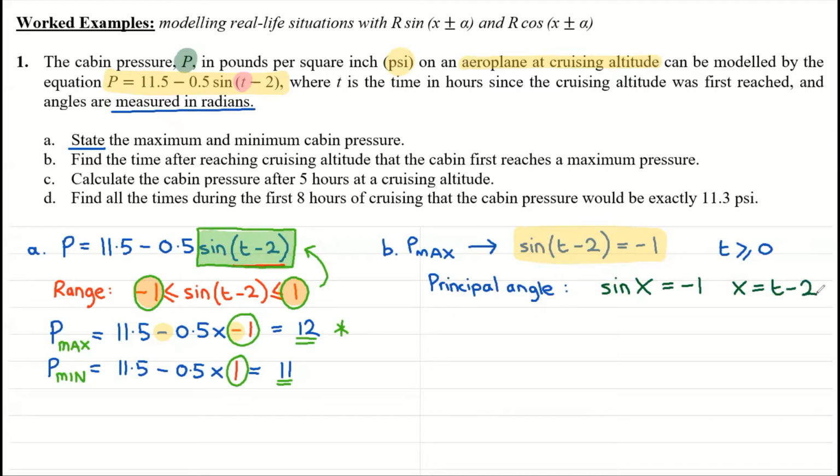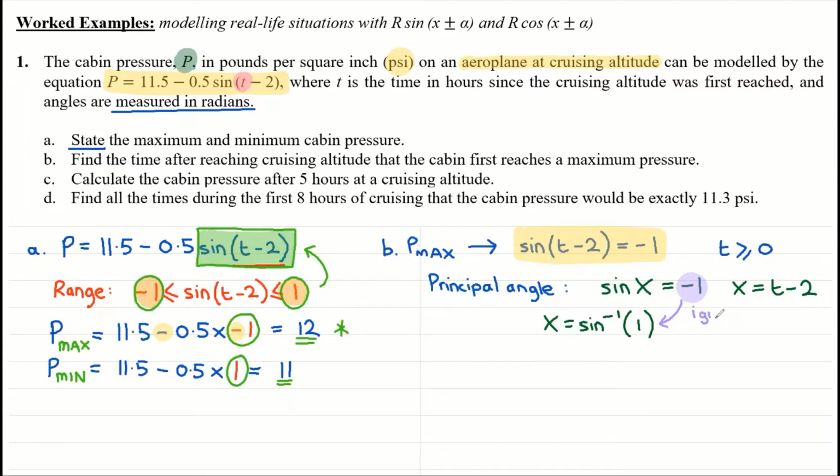So the principal angle X is going to be the inverse sine of 1. Remember, when you're finding the principal angle, you ignore the negative sign. That's really important, and it'd be worth making a note of that.